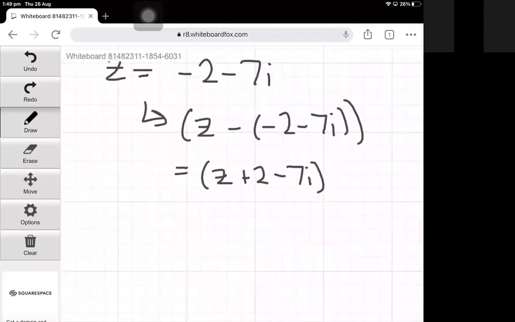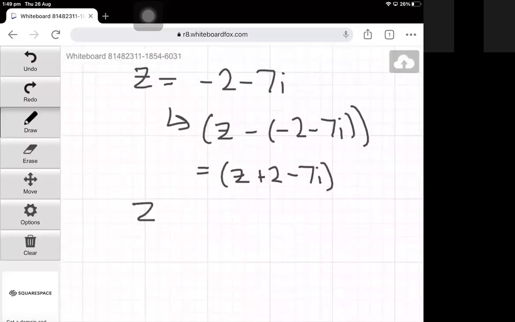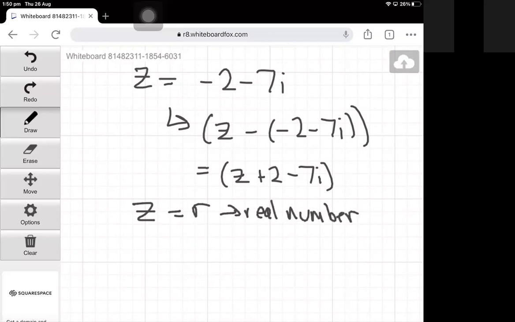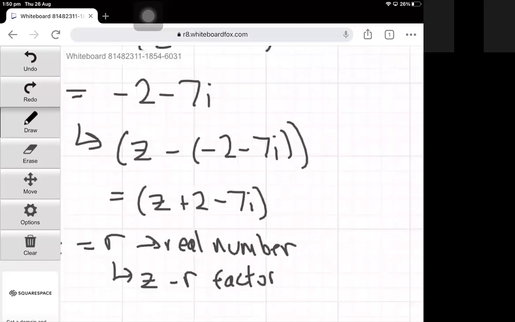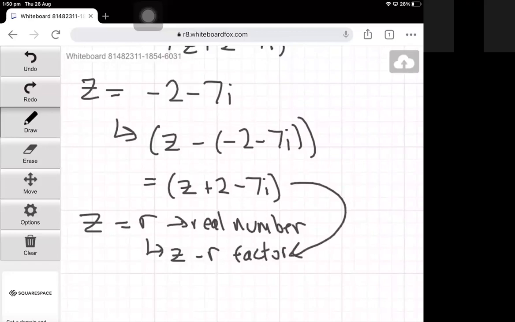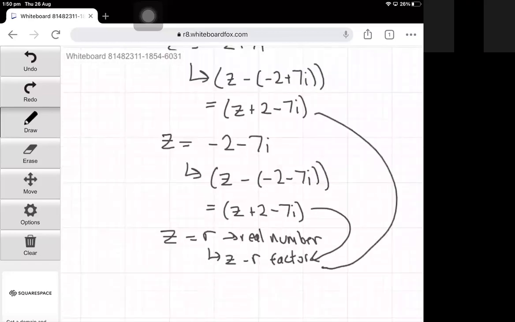Let's say the final root is r. So r is a real number. So it means z minus r is a factor of the polynomial. So this is also a factor, and this is also a factor.